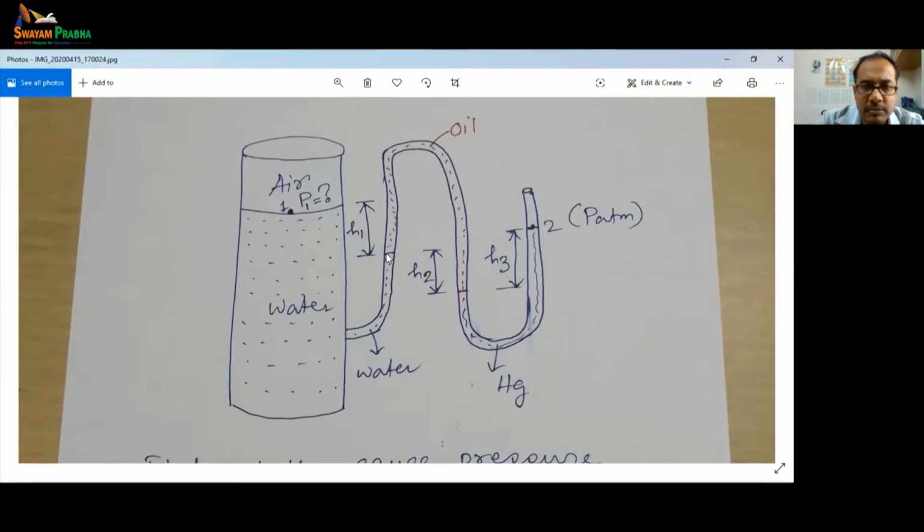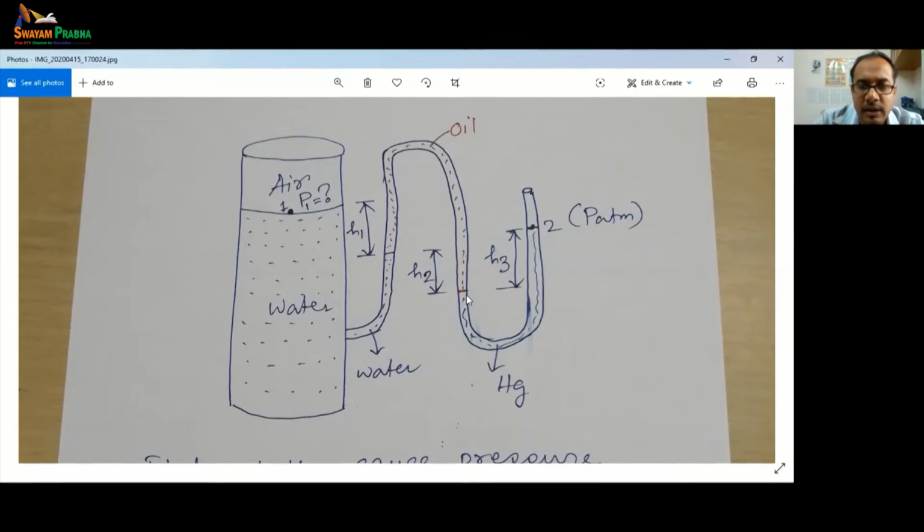Up to this height, you see my cursor here, water is filling the tube, and from that point to the point that I am pointing to right now, this portion is filled with another fluid, which is some oil, different from water.